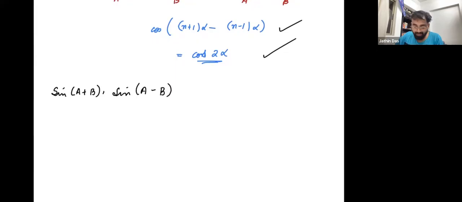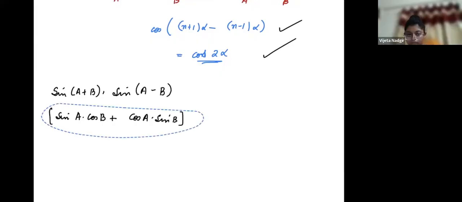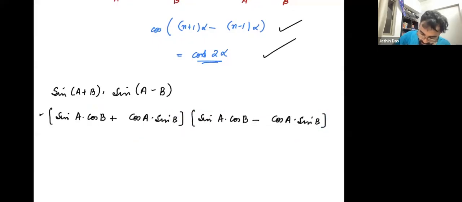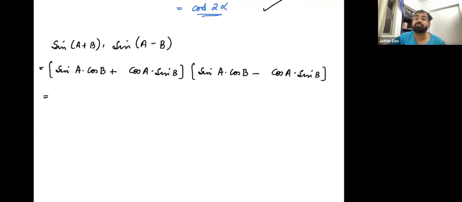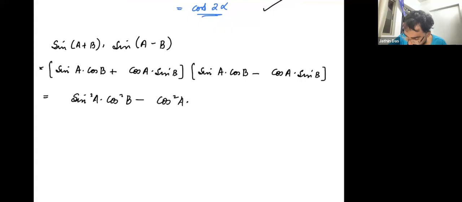Sin A plus B into sin A minus B. So if you remember, this is sin A cos B plus cos A sin B. Now, sin A minus B is the exact same thing with a sign change. So it is basically A plus B into A minus B form. So it is sin square A cos square B minus cos square A sin square B.